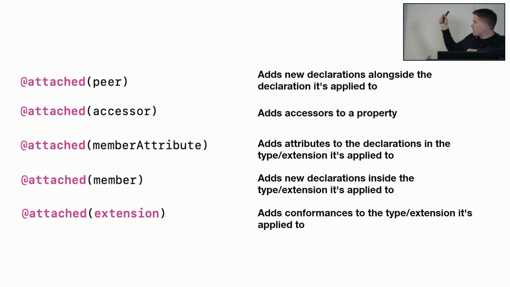There are also accessor macros, which will generate getters and setters. With this, you can basically re-implement property wrappers if you want. By the way, given macros existed before, property wrappers and result builders and all the other examples I've showed you would probably be implemented with macros.